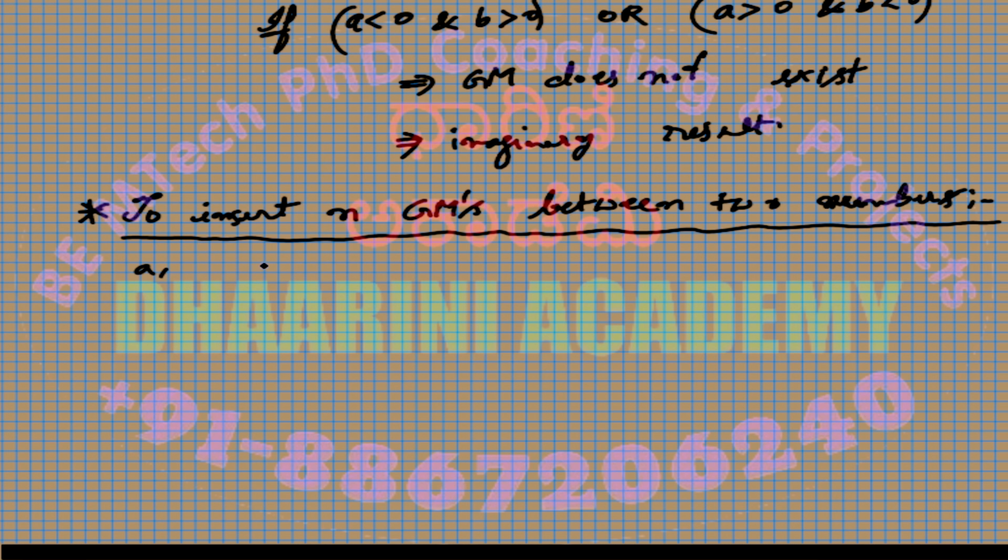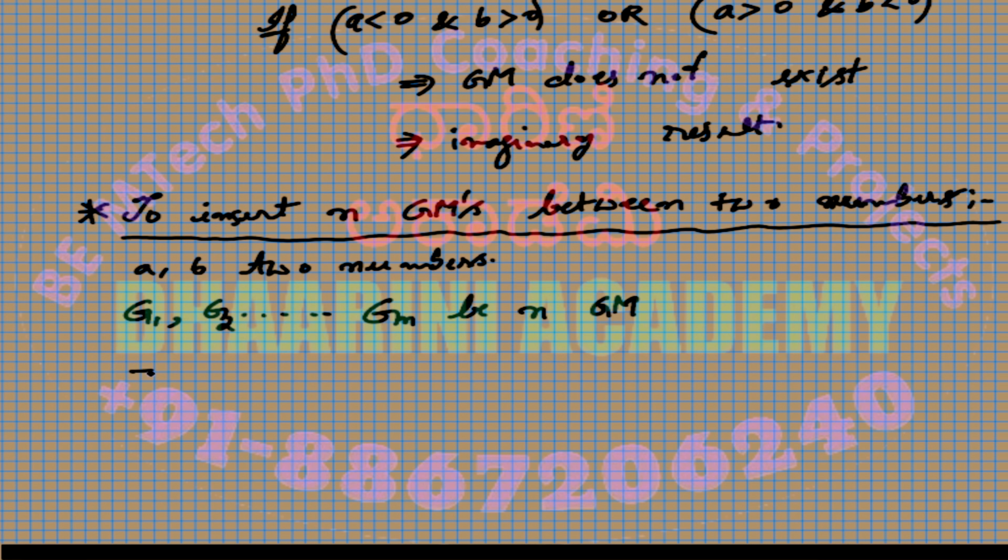Let a comma b be the two numbers, and let us try to insert these geometric means g1, g2 up to gn be the n number of geometric means to be inserted between them, right?